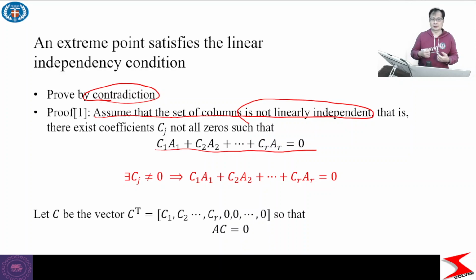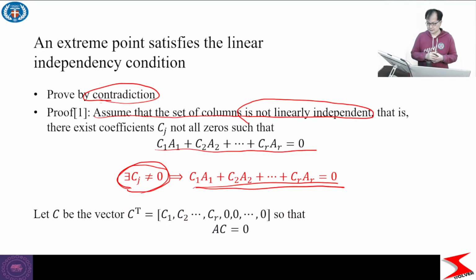But now, because they are not linear independent, definitely there exists at least one c_j not equal to 0 that fulfills this equation. Okay, so we will assume that c equals (c1 to cr), and this one is not 0. Okay, so this is the assumption.